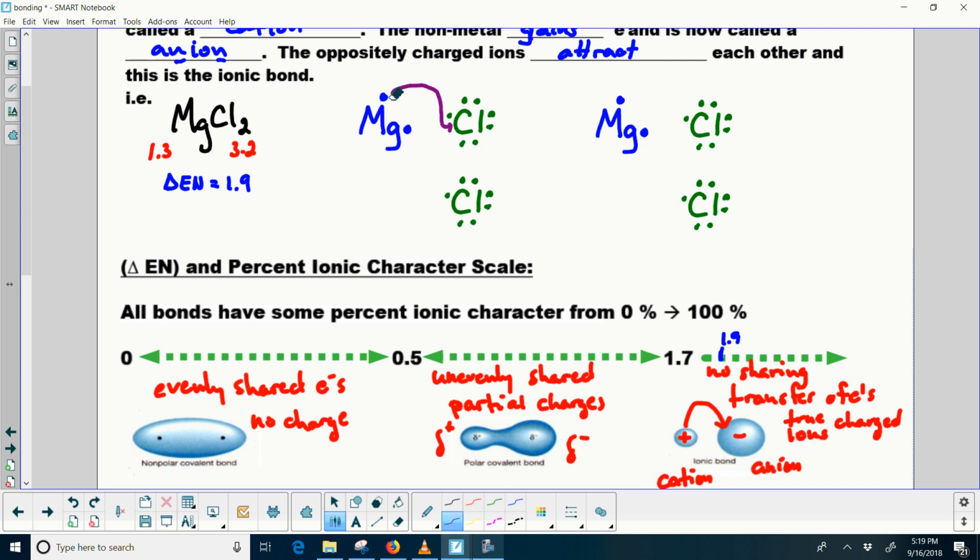So one of the bonding electrons is going to end up over here at the chlorine. The other bonding electron from magnesium is going to end up with this other chlorine. So we have this transfer of electrons.